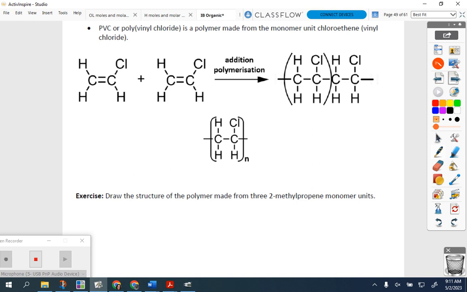So there's an exercise here. It says draw the structure of the polymer made from 3 2-methylpropene monomer units. So let's start out with who can come up and draw 2-methylpropene as the monomer. Jacob, come on up.